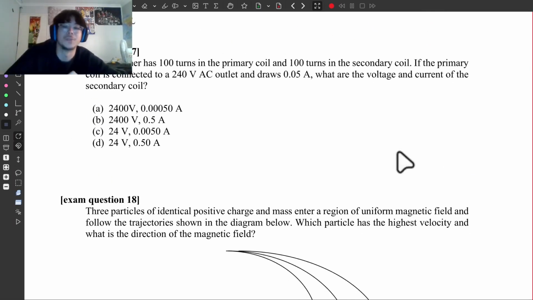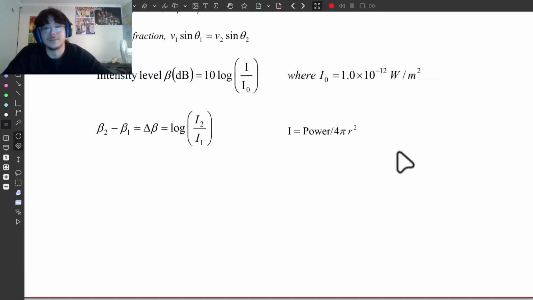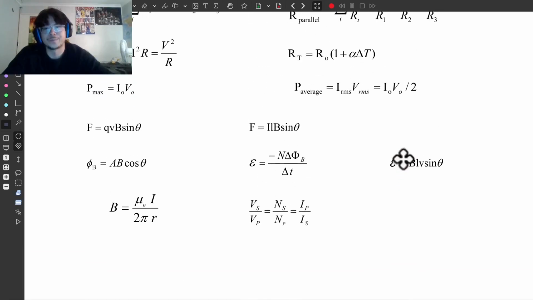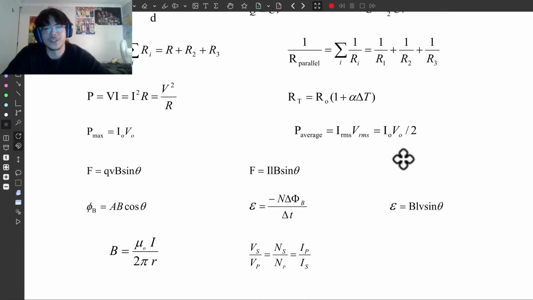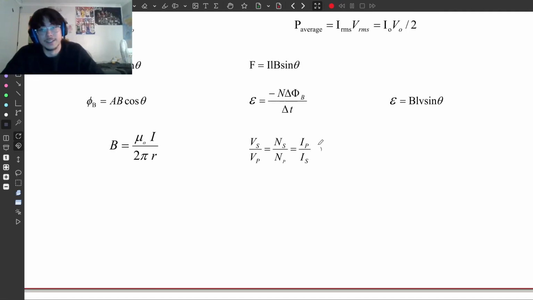A transformer has 100 turns in the primary coil and 100 turns in the secondary coil. The primary coil is connected to a 240-volt AC outlet and draws 0.05 amps. What are the voltage and current of the secondary coil? So we'll just use our transformer equation, which is this guy here.